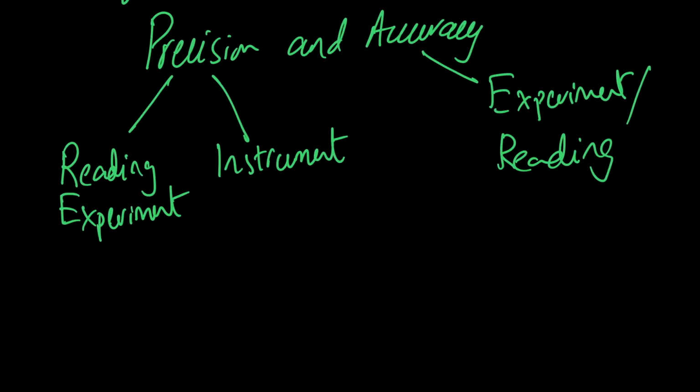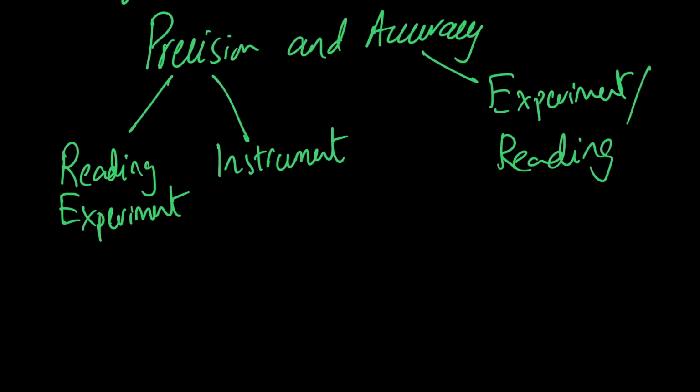Now, the meaning of precision is, please note this down, that precision measures how closely two or more values agree with each other, or how close two values are to each other.